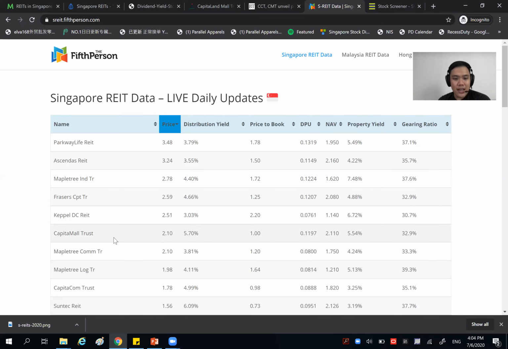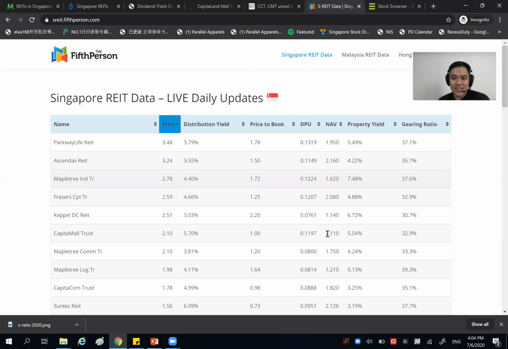If it's trading at a price of 212 as of last Friday, this will be slightly lower, maybe about 5.5%. Price to book ratio is at 1, which means it's fairly valued at 210. And the dividend per unit is 0.1197. So if you buy it at a later price, which is higher, your dividend distribution yield might be lower. And you have NAV.